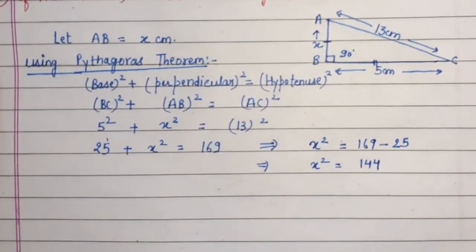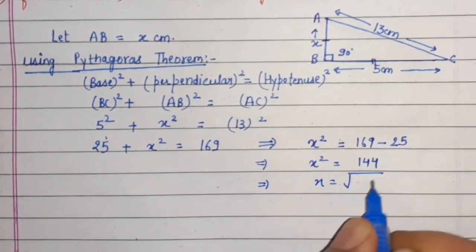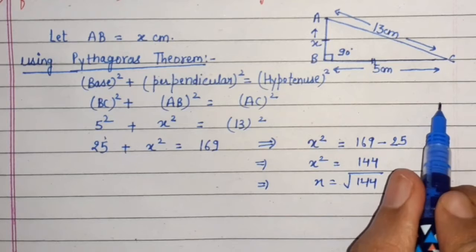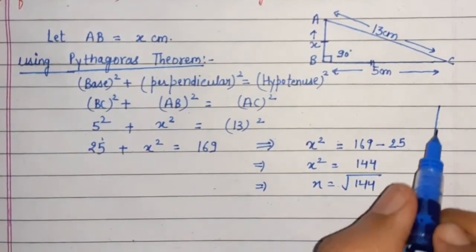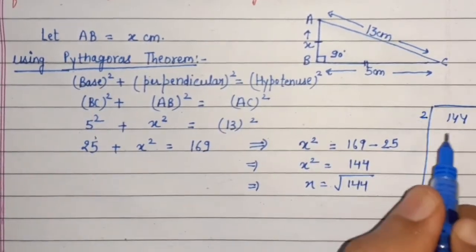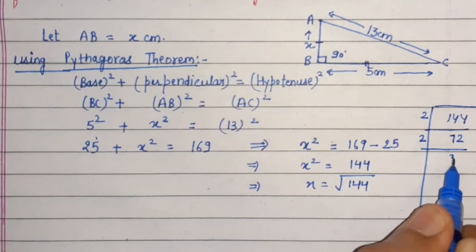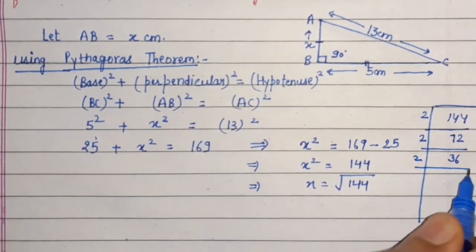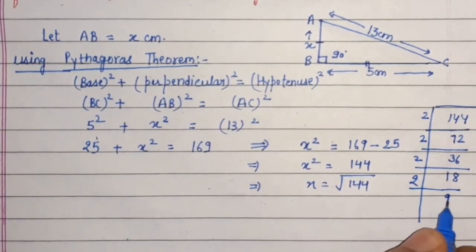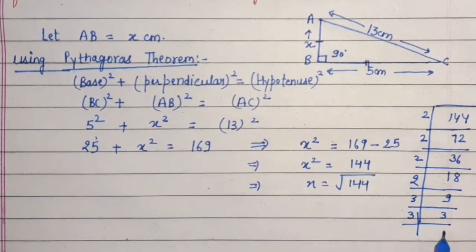Now same, X equals to square root of 144. Similarly, you can find the prime factorization of 144. Divide by 2, 72, again with 2, 36, again with 2, 18, again with 2, 9, 3 and 1.